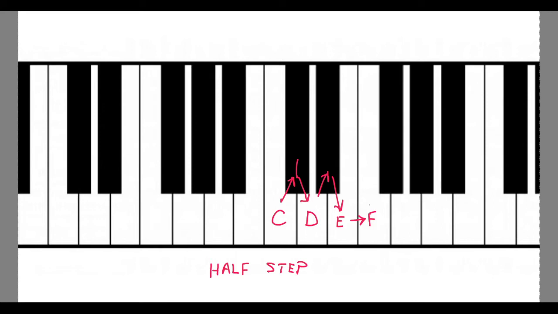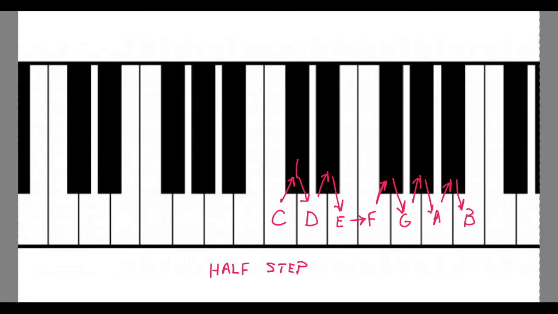As we continue up, from F to the black note above F is a half step. From that note up to G is a half step. From G to the black note above G is a half step. From the black note above G to A is a half step. To the black note above that is a half step. From that black note to B is a half step.